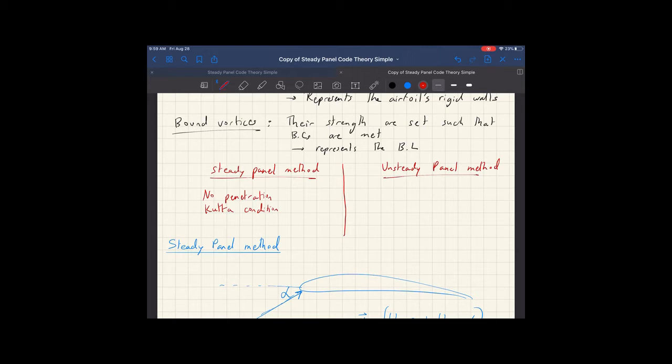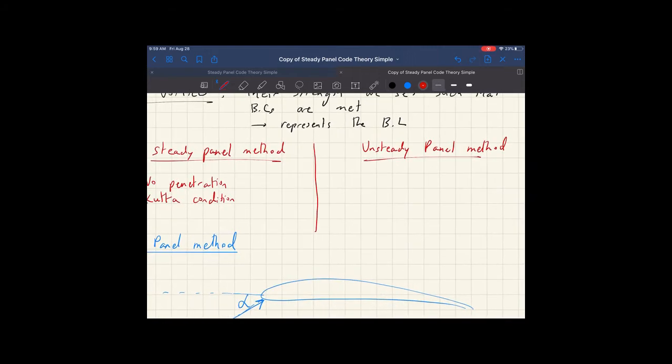However, in the unsteady panel method, you do march the solution in time, so you basically capture the entire unsteady situation starting from rest up to whatever velocity. So you capture the starting edge vortex, or the starting vortex, and thus you have to make sure that the entire system circulation sums up to 0.